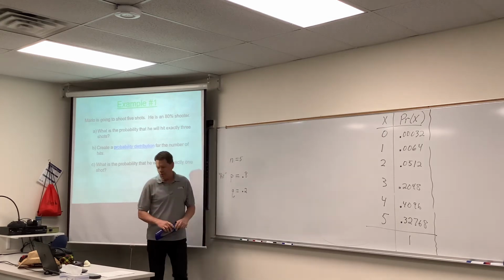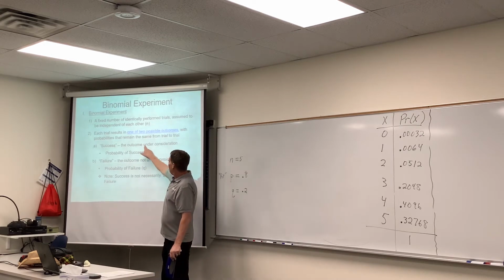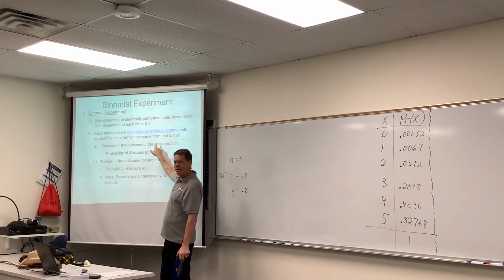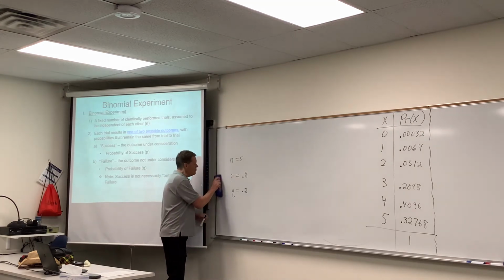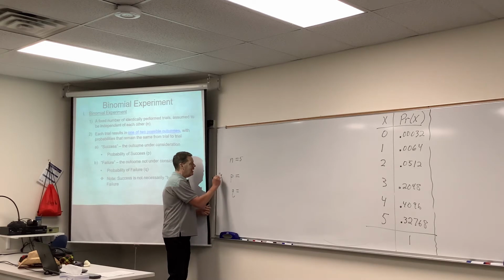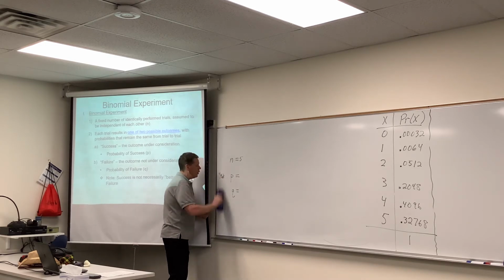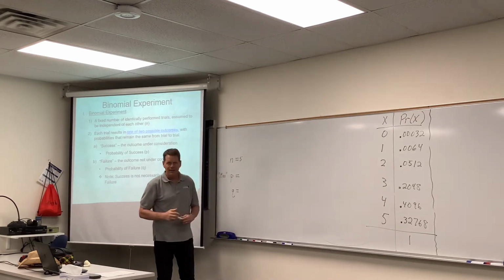I want to remind you that the P, when we set this up, is the outcome under consideration, the outcome that the question mentions, all right? So when the question mentions missing shots, we're considering it a quote unquote success for Mario to miss a shot, all right?